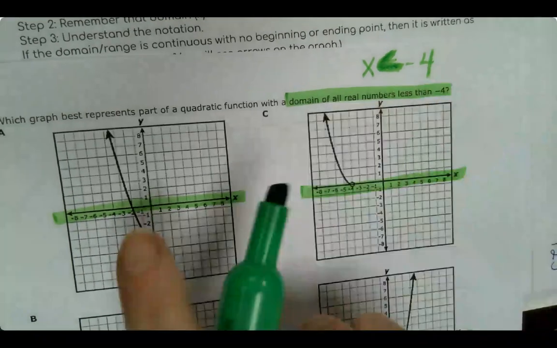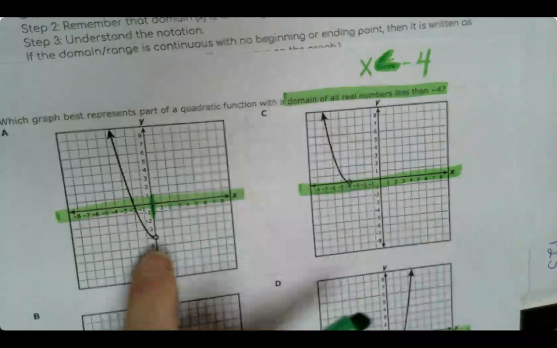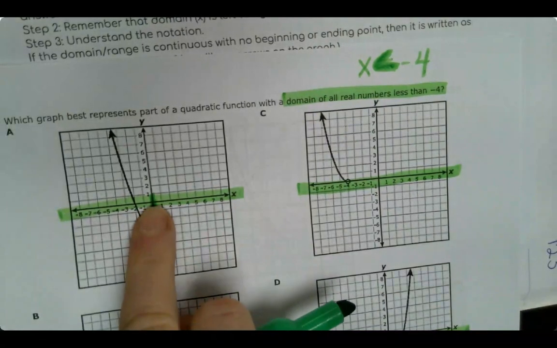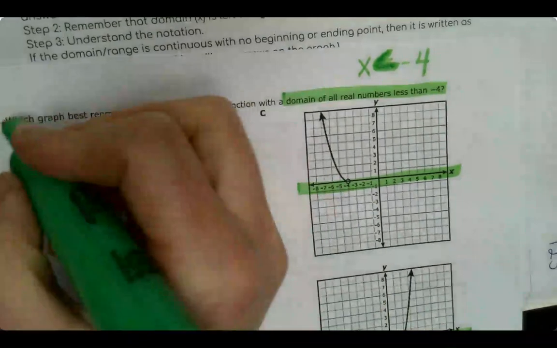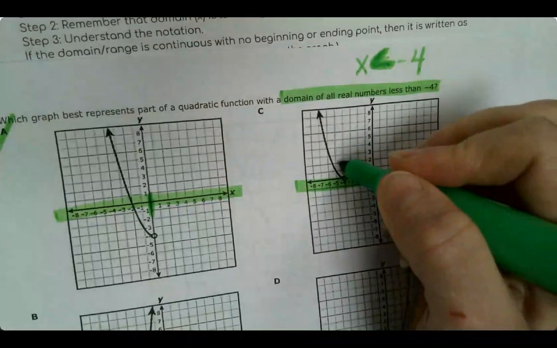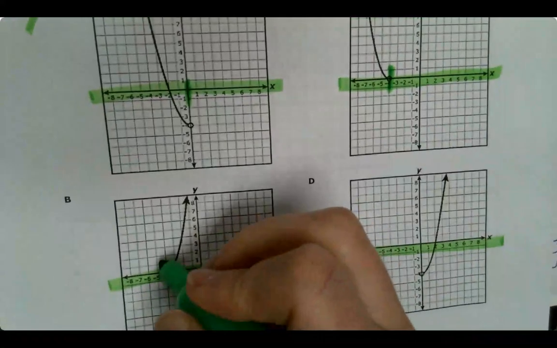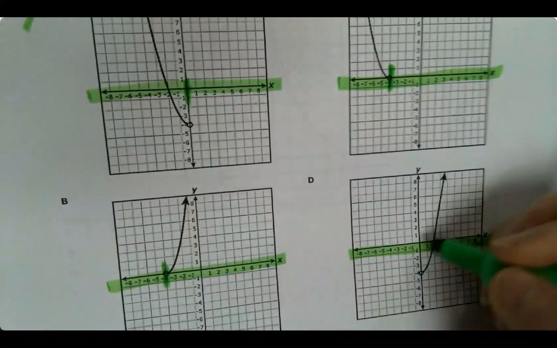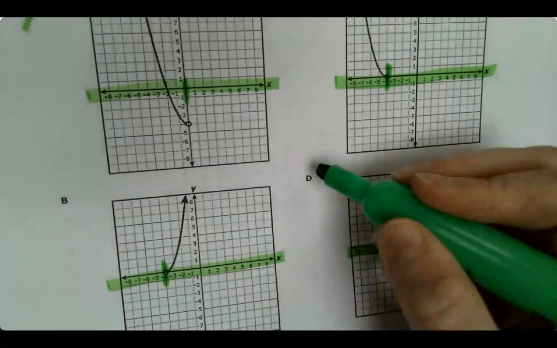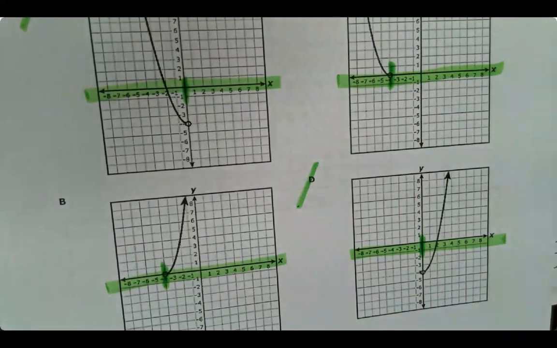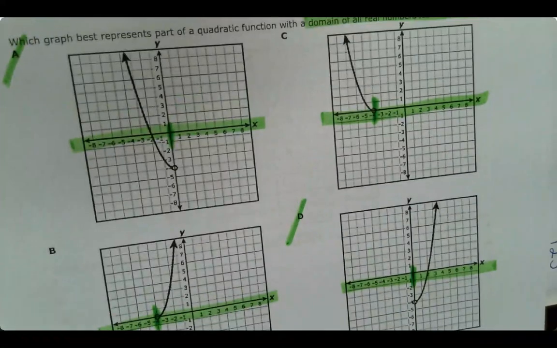We wanted to start. See how this one on the x-axis it's at 0? So that is not it. This one's at -4, so that's okay. This one's at -4, that's okay. This one's at 0 again. Remember the x-axis goes left and right.